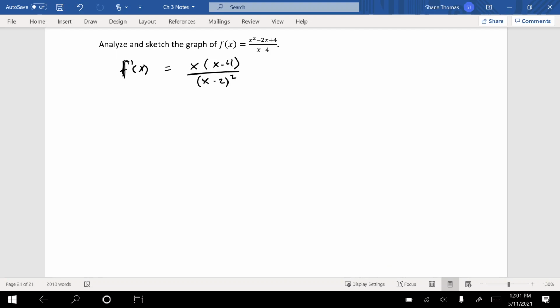That's just low d high minus high d low over the square of what's below, and then I simplified a little bit. F double prime of x: applying it again, I'm going to end up with 8 over x minus 2 to the third.